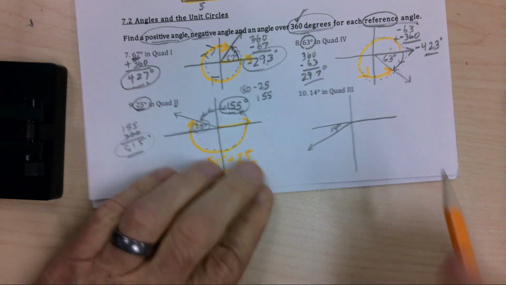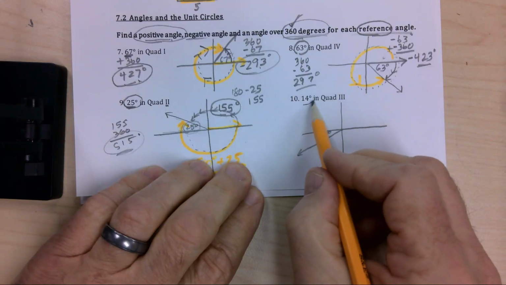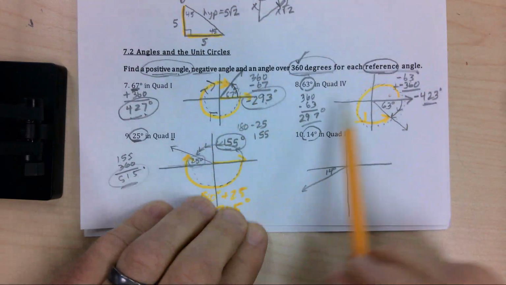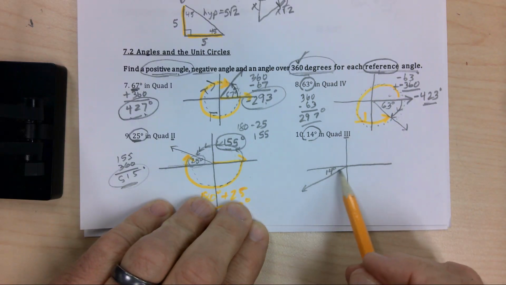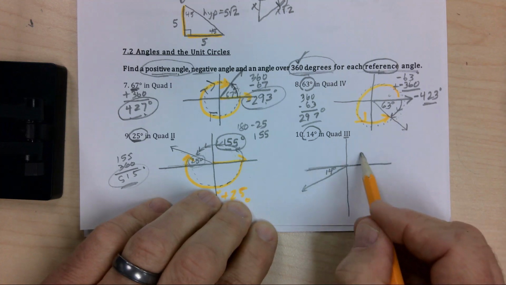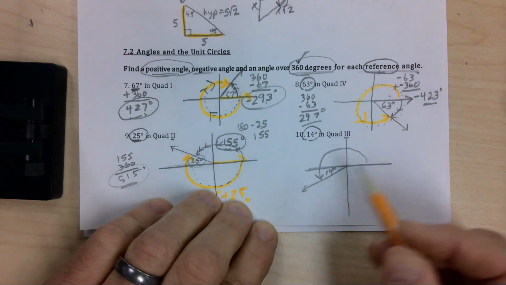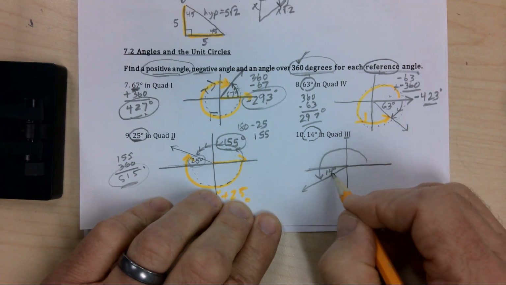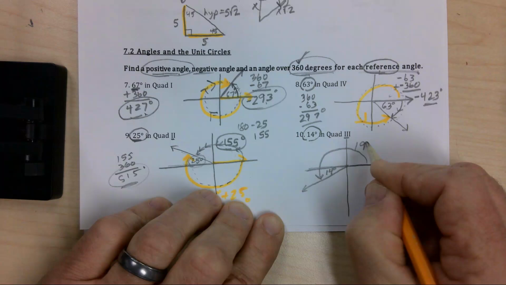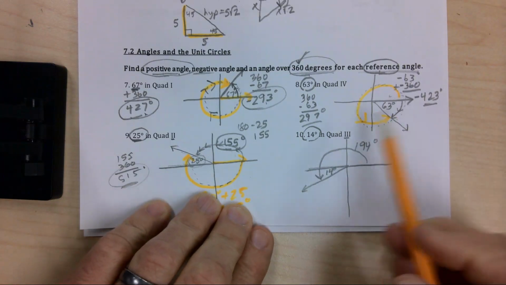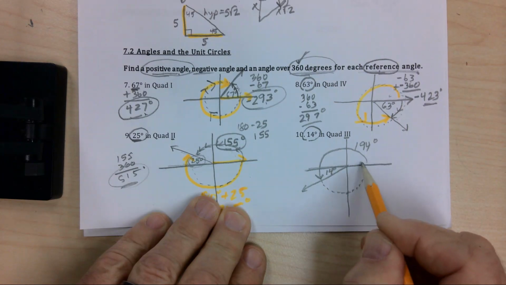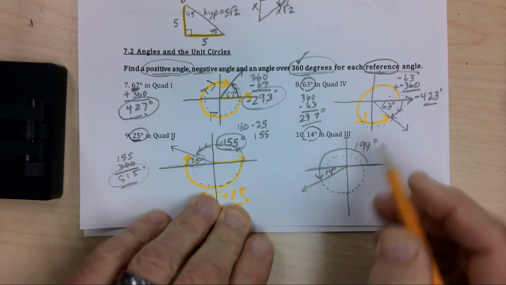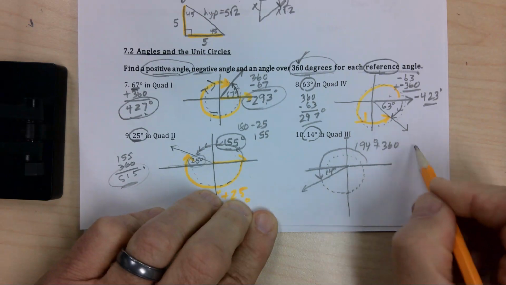And the last one, so I have a 14-degree reference angle in the third quadrant. So that's sandwiched between the spinner and the x-axis. So now we can get going. So my original spin had to be 180 plus 14, which is 194. Now because that's not over 360, they want us to keep thinking about adding 360 to that.